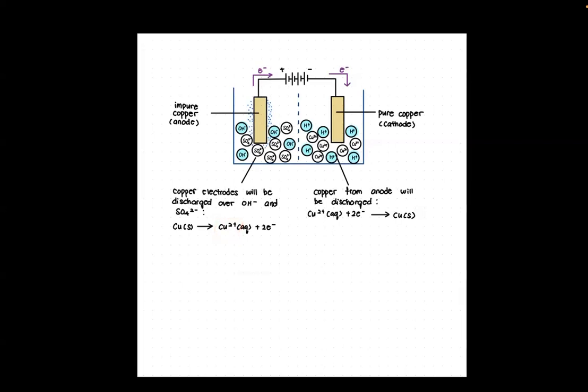Usually at this site, your anion is the one being discharged, but in this case nothing gets discharged except for the copper anode. Your sulfate is not giving out any electrons, neither is your OH minus. We are just putting it in as an electrolyte so that it's able to conduct electricity.